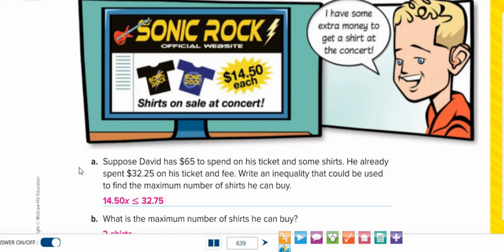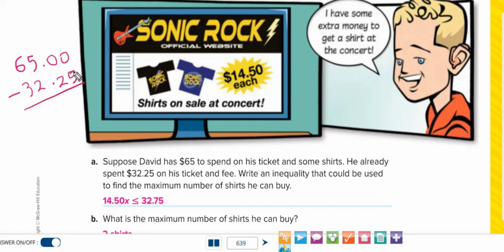We said that he has $65 and he already spent $32.25. So first we will begin by finding what is left. Let's say 65.00 minus 32.25.